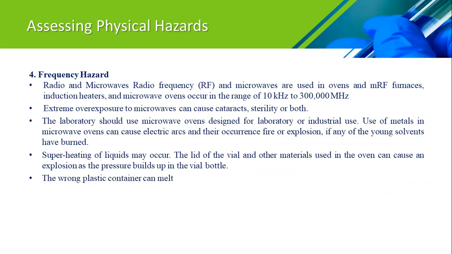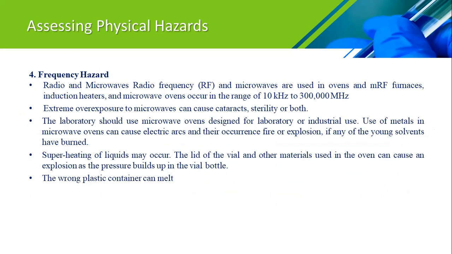Next is frequency hazards. First is radio frequency and microwave. Radio frequency and microwaves are used in ovens, RF furnaces, induction heaters, and microwave ovens, and occur in the range of 10 to 300,000 megahertz.